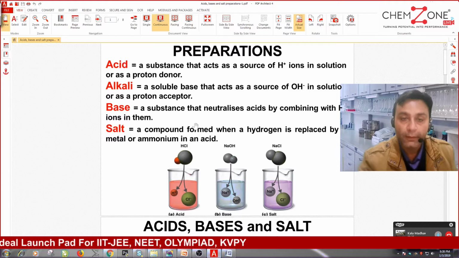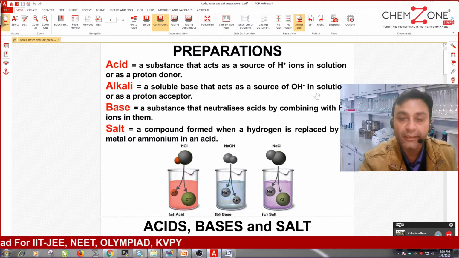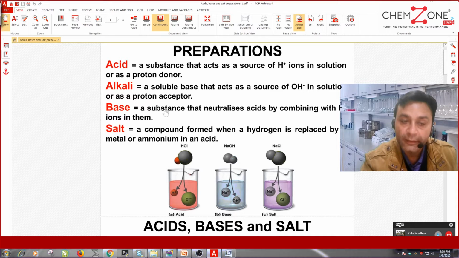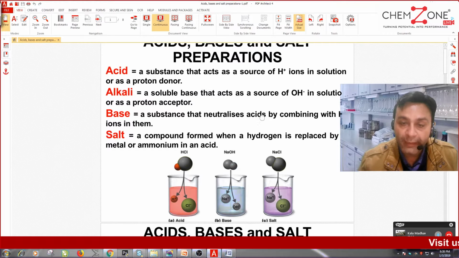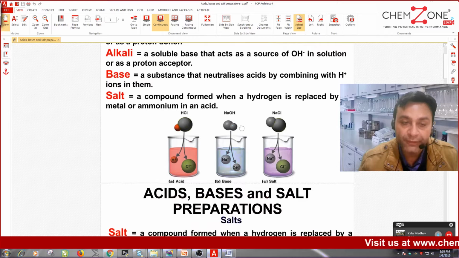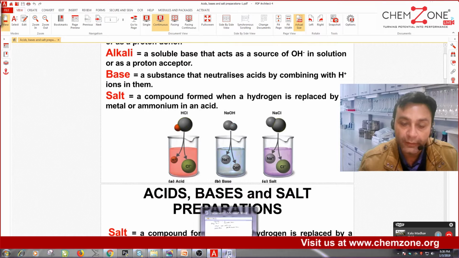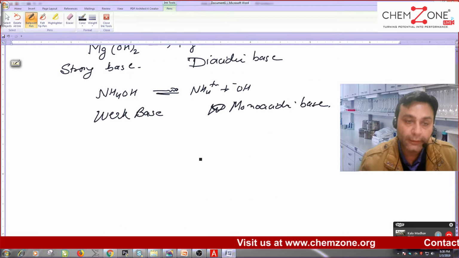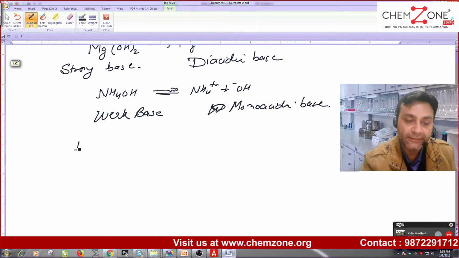Okay. The source of OH in the aqueous solution is the alkali, right? And the substance that neutralizes the acid by combining with H positive ion is called the base. Let's take it like this. Suppose I have HCl.